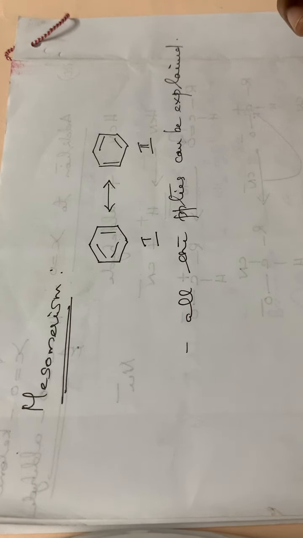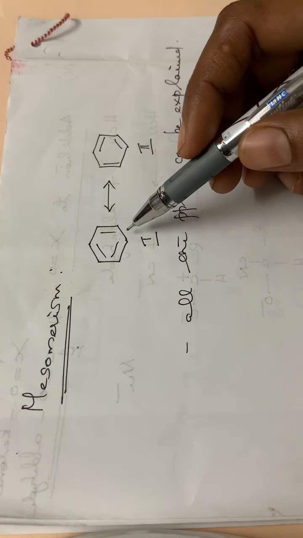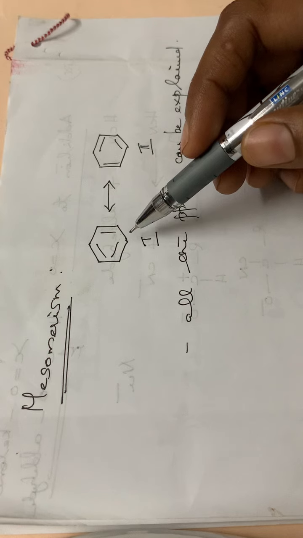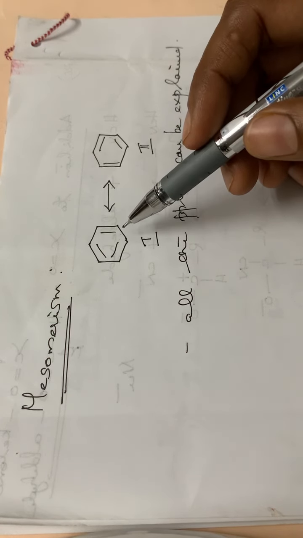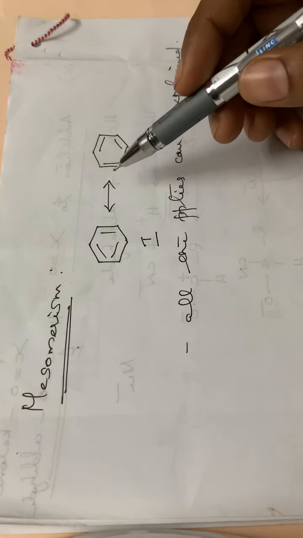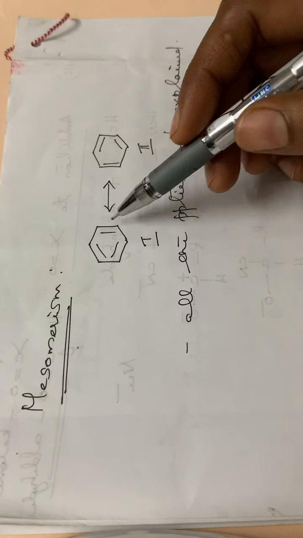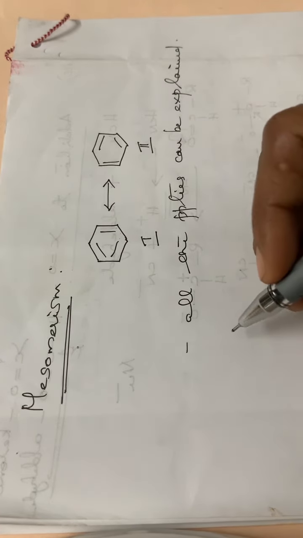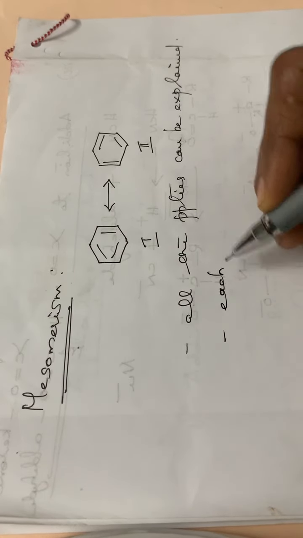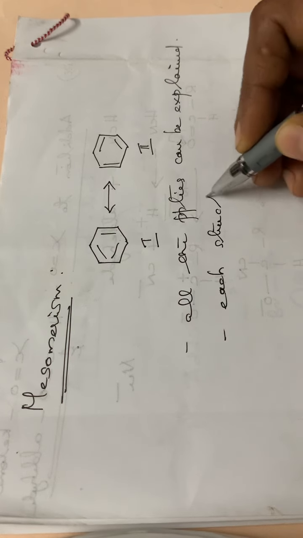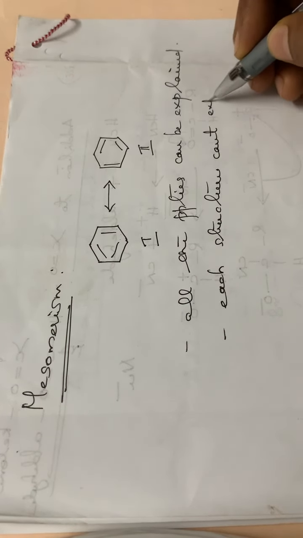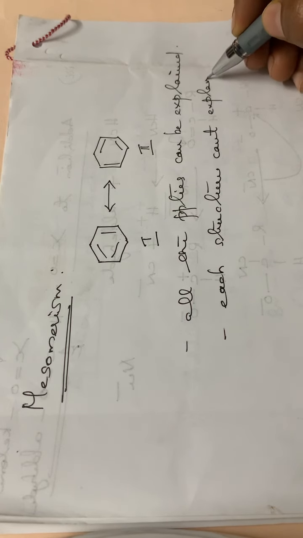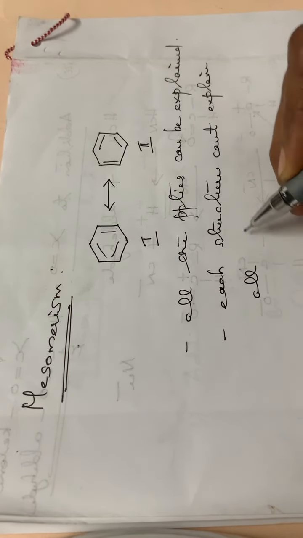Okay, so the term mesomerism means when a molecule is represented by a particular structure satisfying all the valency rules, but each structure cannot explain all the properties.